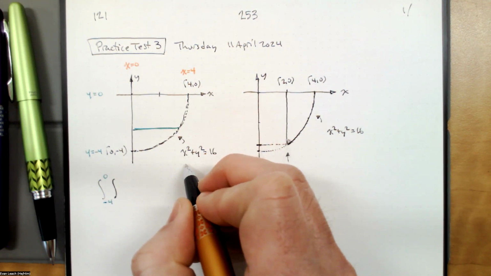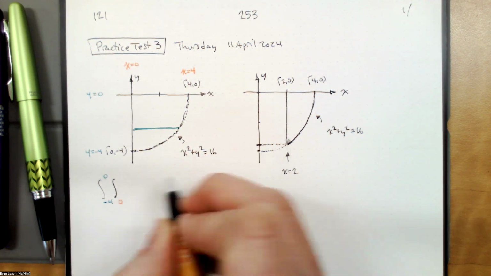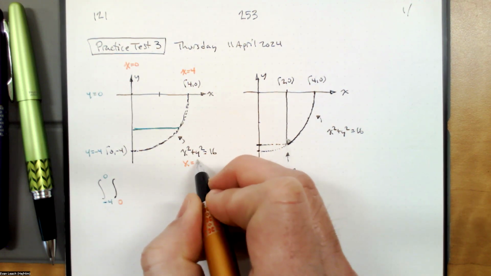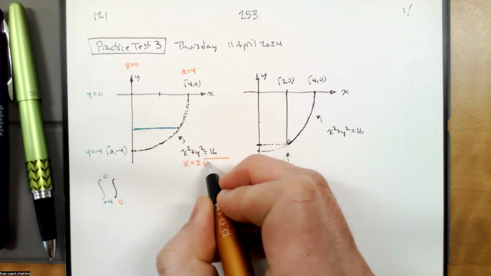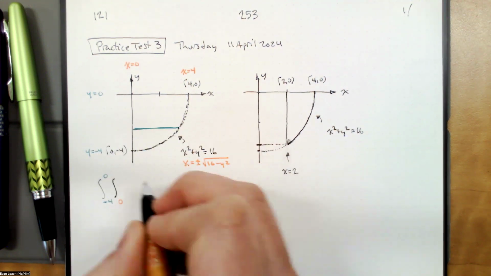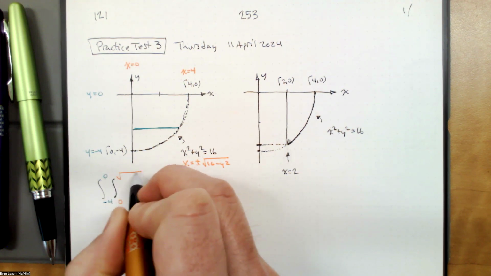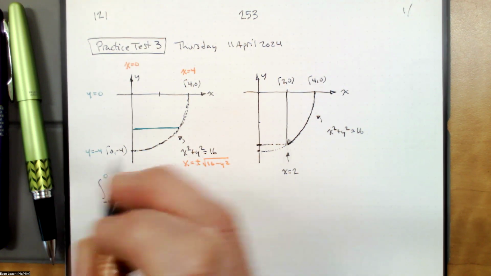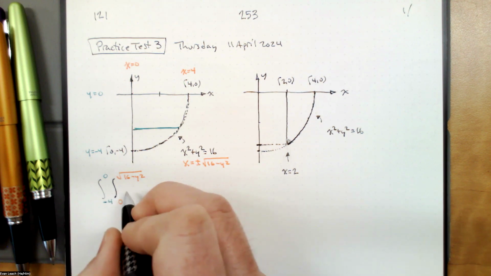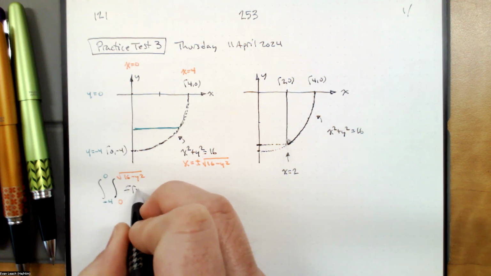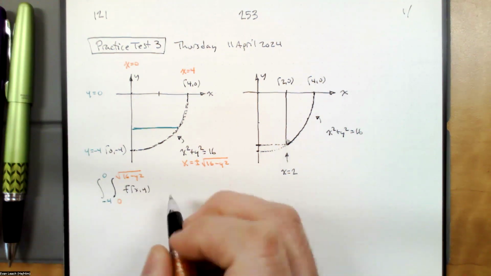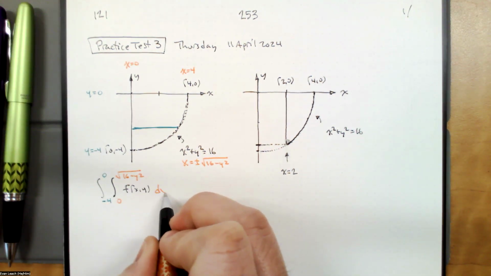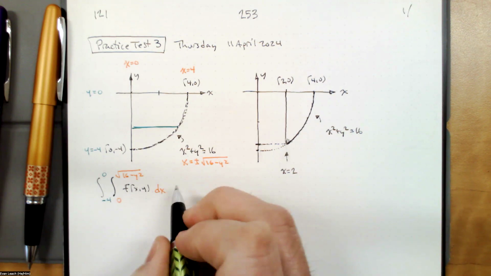So x goes from 0 to, since I'm on the positive x's, the positive square root of 16 minus y squared, whatever the function happens to be. And we've integrated this dx dy.